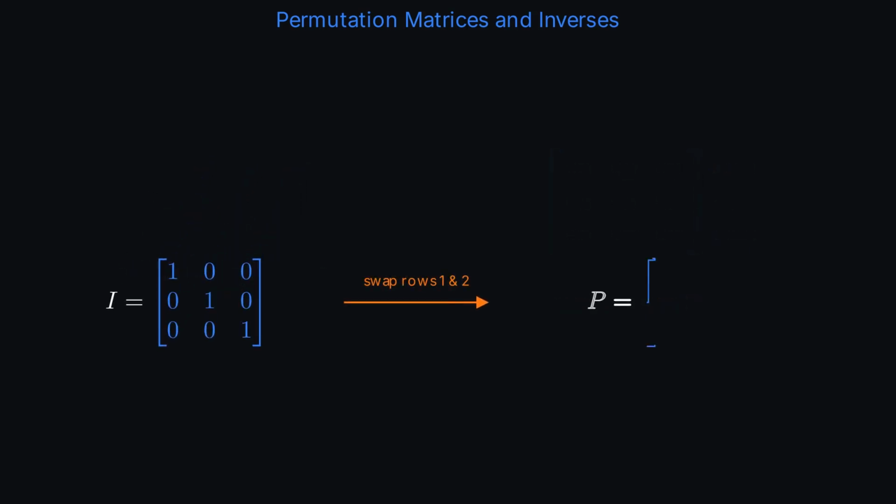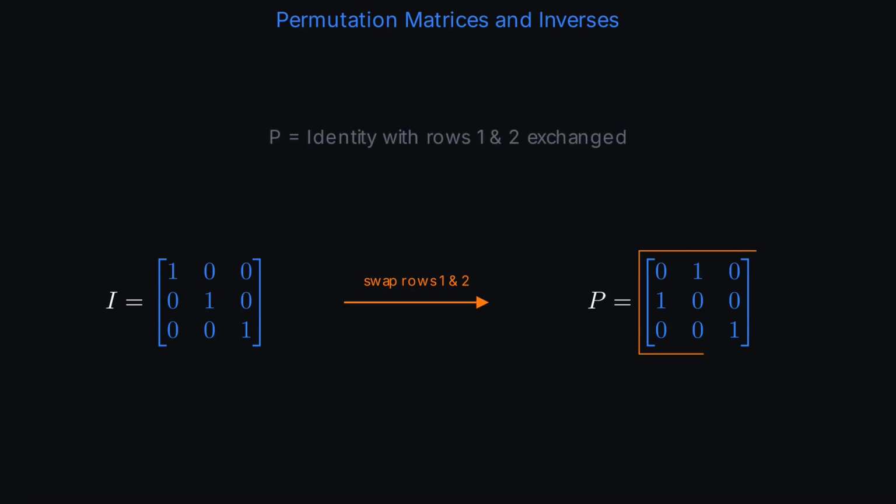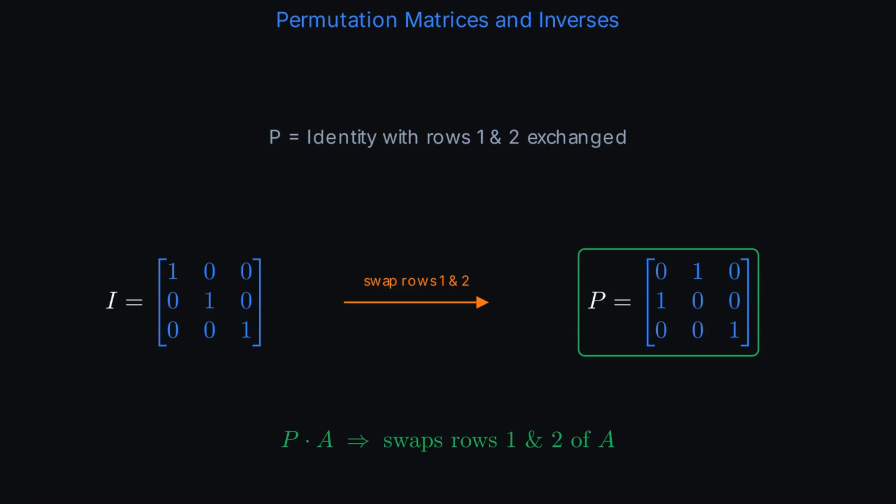The permutation matrix P that accomplishes this swap is 0, 1, 0 in the first row, 1, 0, 0 in the second row, and 0, 0, 1 in the third row. Notice, this is just the identity matrix with its first two rows exchanged. Multiplying any matrix by P on the left will swap its first and second rows automatically.